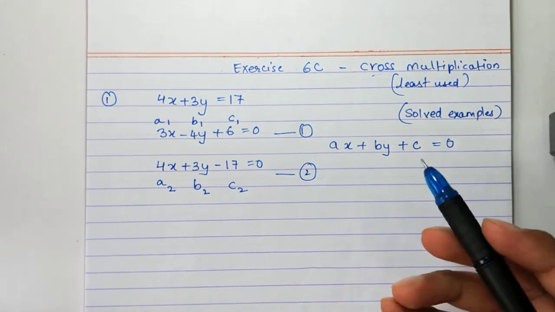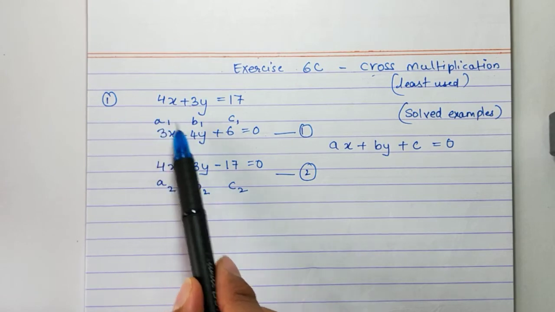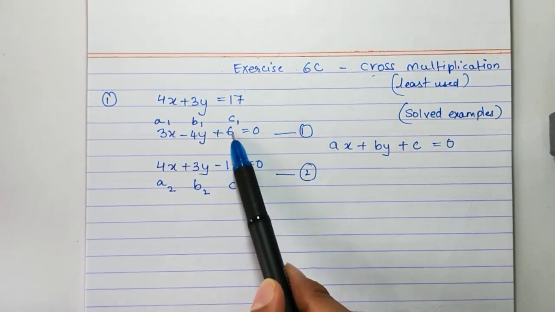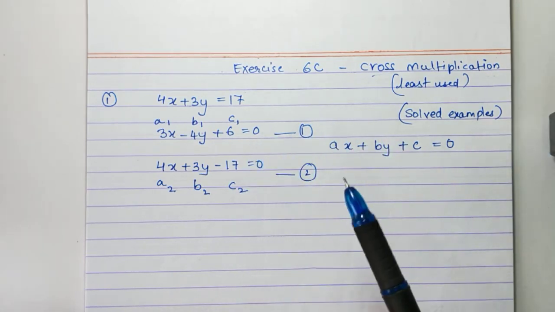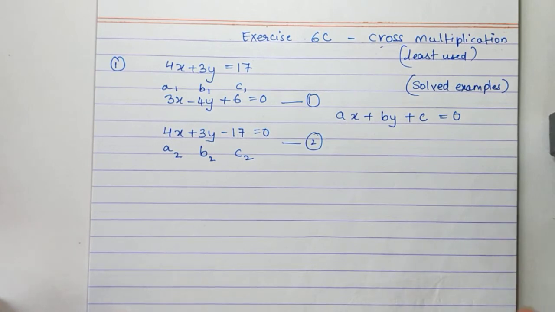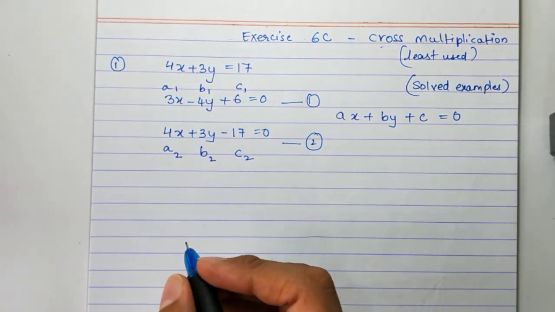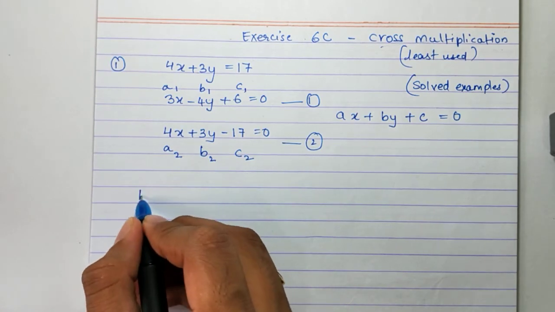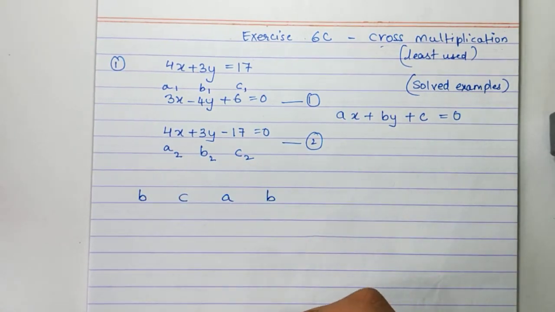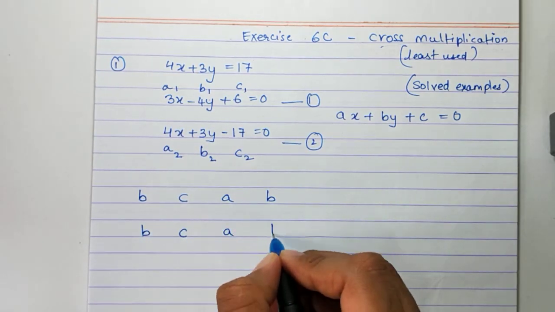Now very simple, the coefficient of x is a, the coefficient of y is b, the constant number is c, equals 0. Now you have to write these numbers in a particular form, and you have to remember this sequence: b, c, a, b.